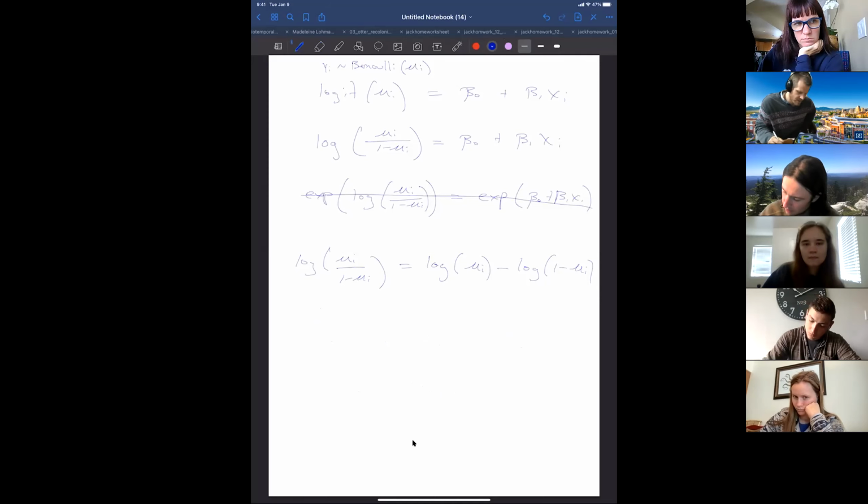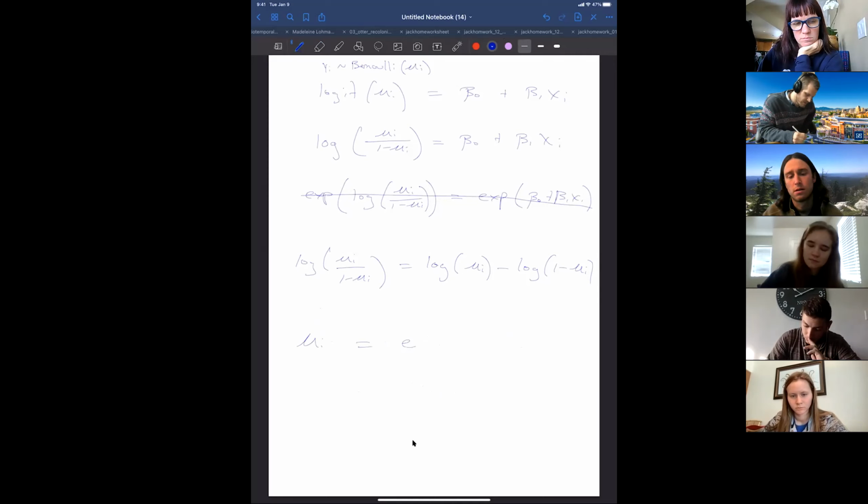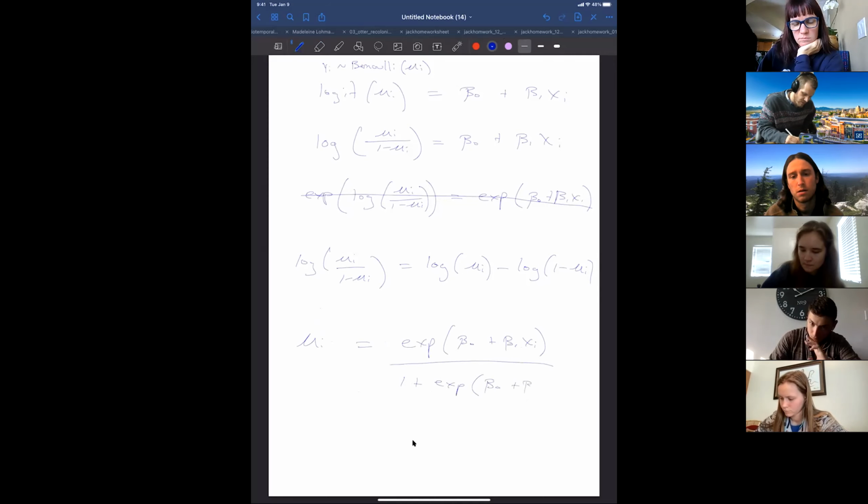And after we go through the algebra, it turns out that mu I equals the exponent of beta 0 plus beta 1 xi divided by 1 plus the exponent of beta 0 plus beta 1 xi.